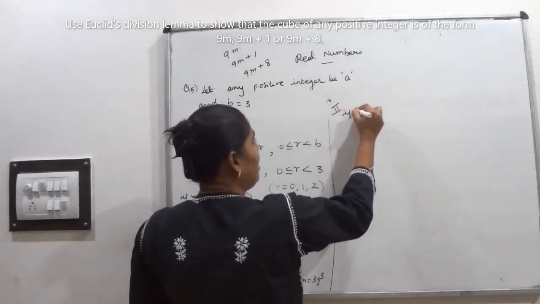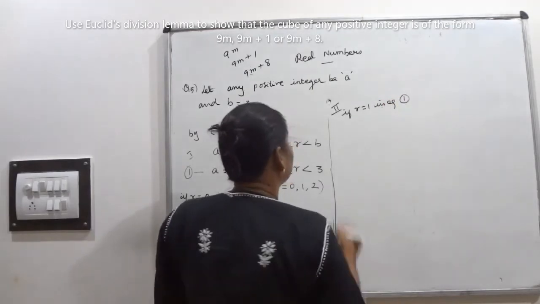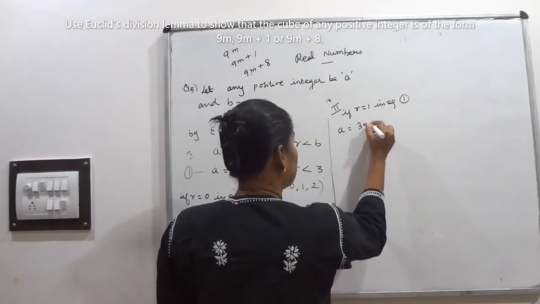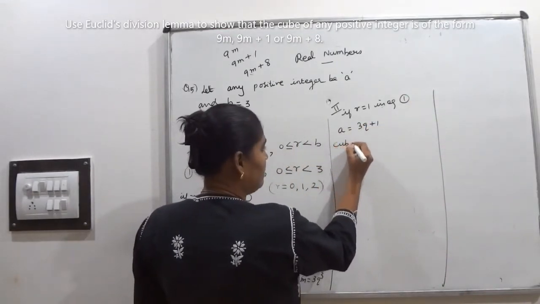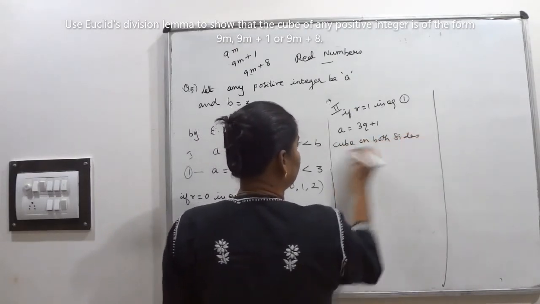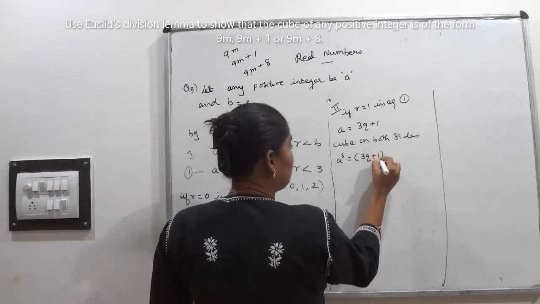If r equal to 1 in equation number 1, then a equal to 3q plus 1. Cube on both sides, a cube is equal to 3q plus 1, the whole cube.